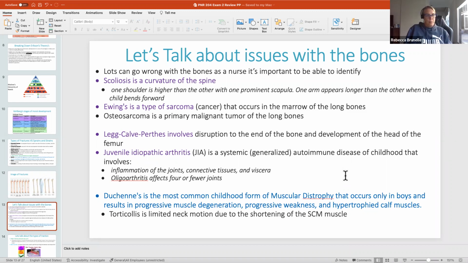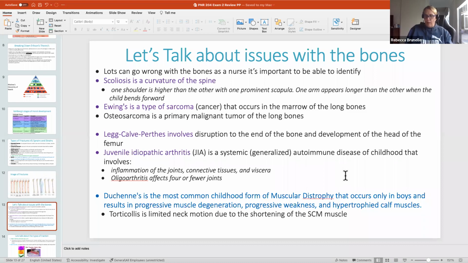There are a couple of different muscular dystrophies. Childhood muscular dystrophy is a childhood disorder that is a progressive muscle degeneration. The most common is Duchenne's. There's also another one called Becker's. These kids are typically diagnosed around the time you would really start to expect them to be walking and running, so 3 to 6 years.